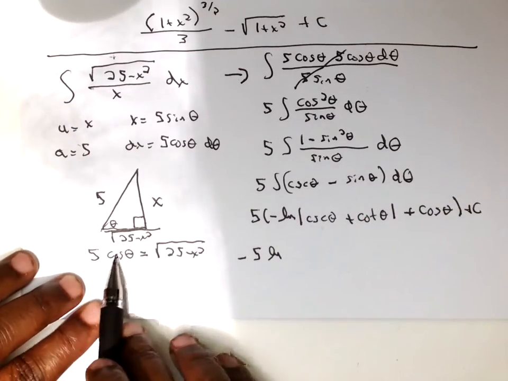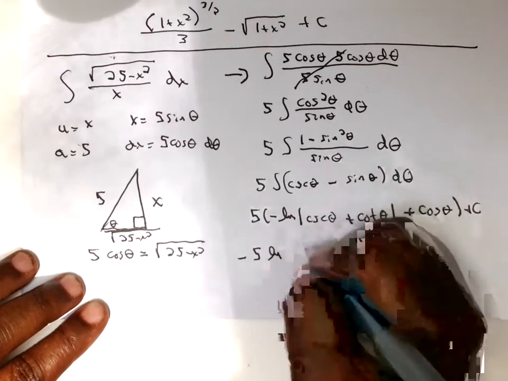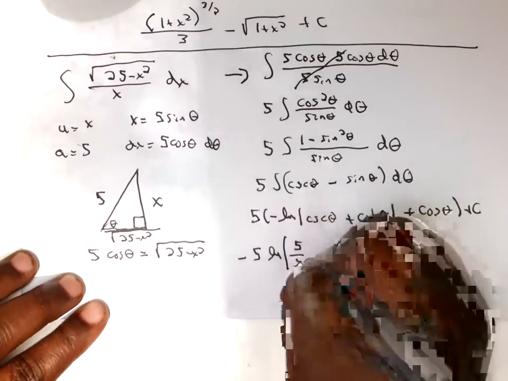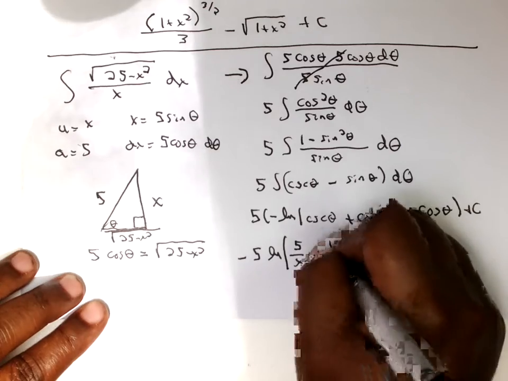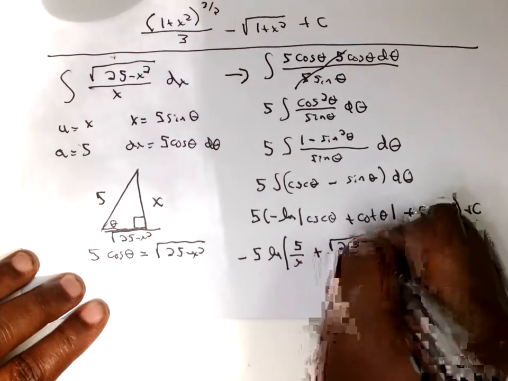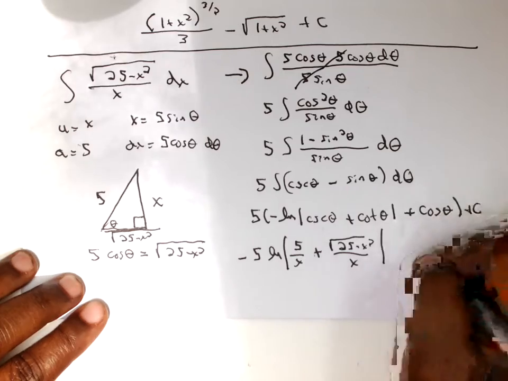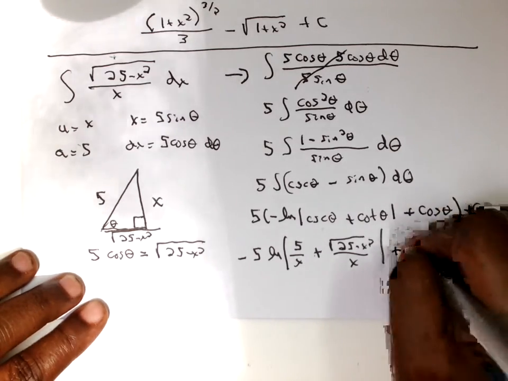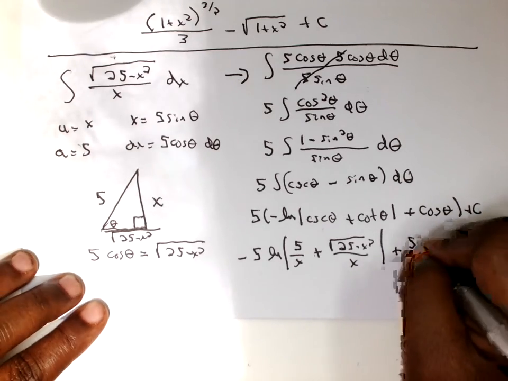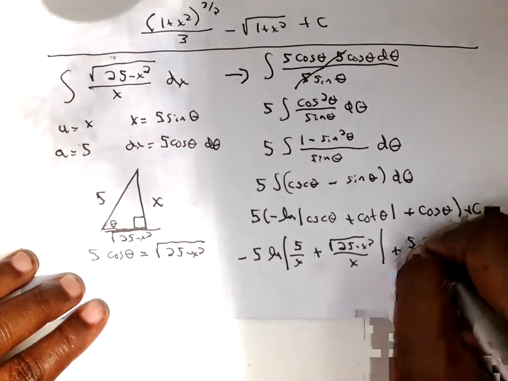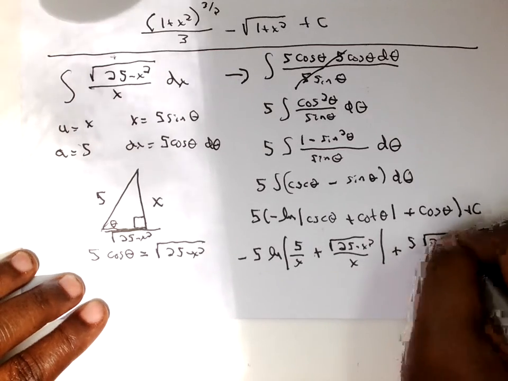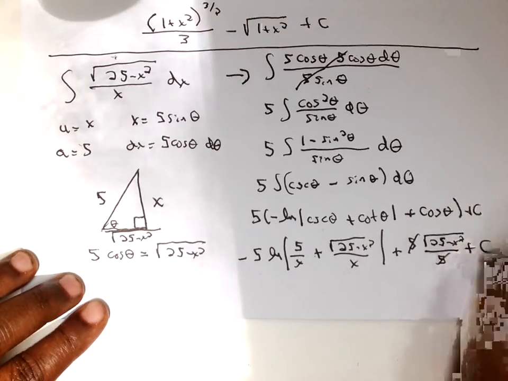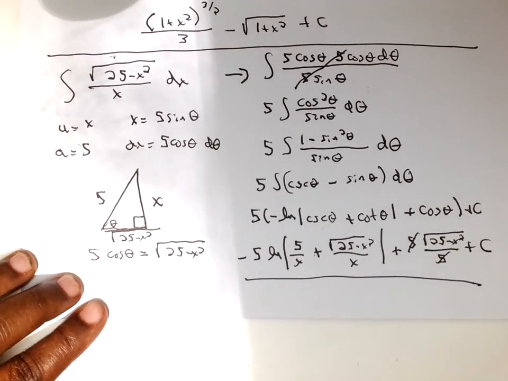So over here, if we look at our triangle, cosecant is going to be 5 over x. And cotangent, again, we can pull it straight from the triangle, is square root of 25 minus x squared over x. And then for cosine, we get 5, because I distributed that 5. And the cosine is square root of 25 minus x squared over 5. And those cancel. And plus c. So that is our final answer.